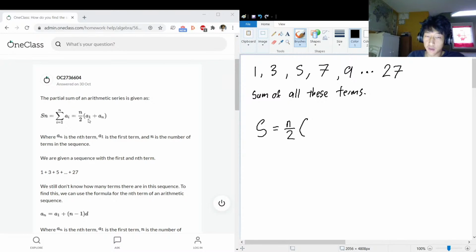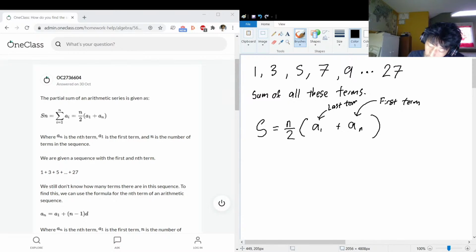So, okay, it's n over 2 times the first term, a1, plus an. That's the first term, and that's the last term. Okay, now this is a very special equation because this will always work out.